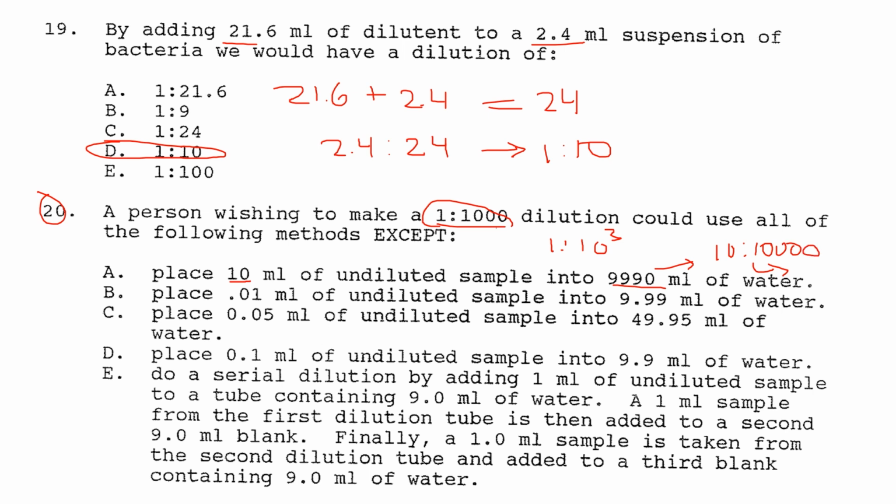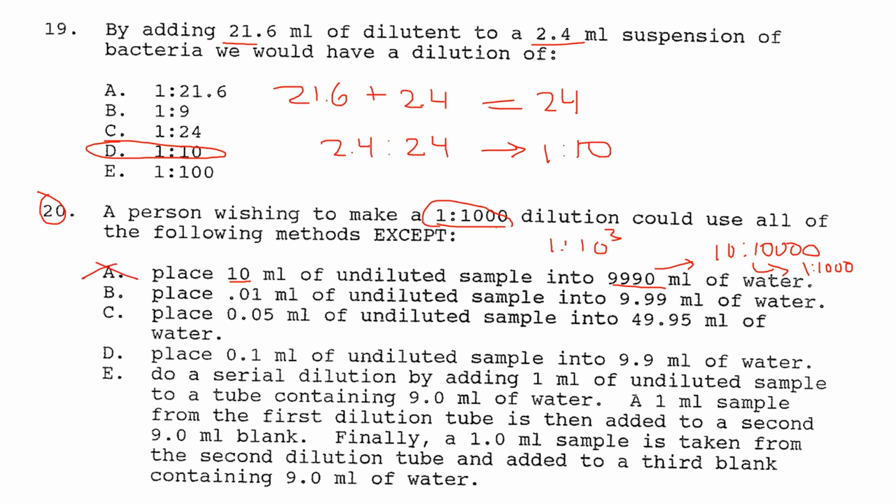So this would give you 1 to 1,000, because 10 plus 9,990 gets you to 10,000 mils total. So this is not the correct answer.